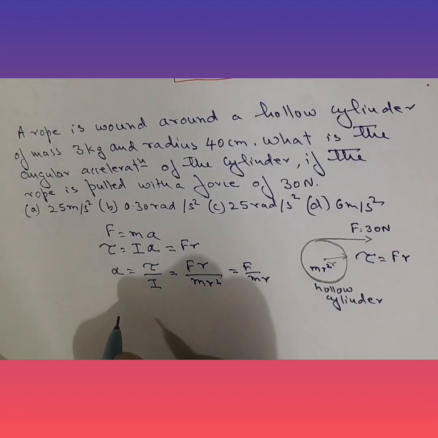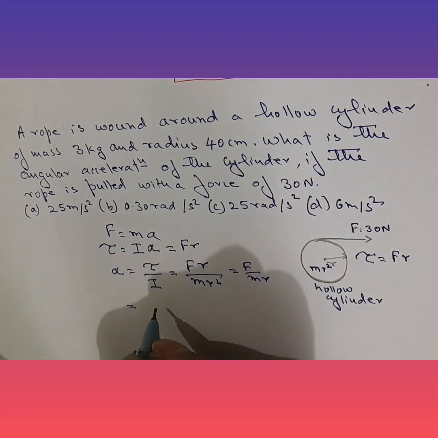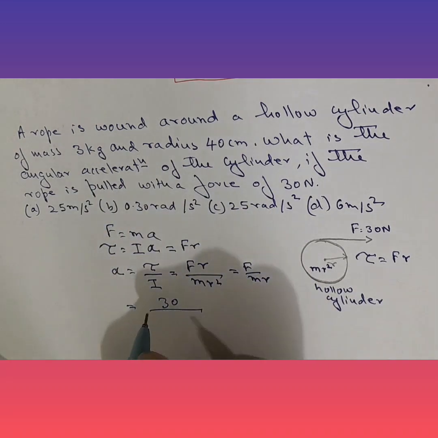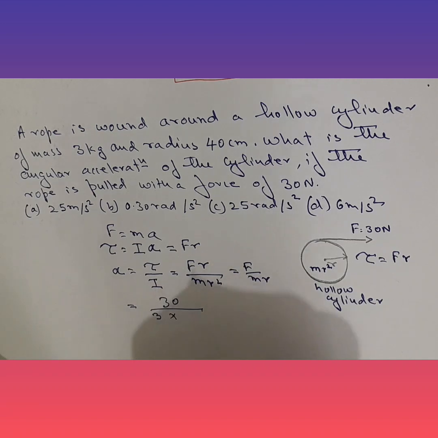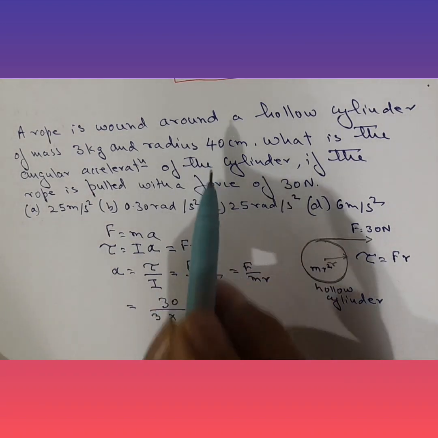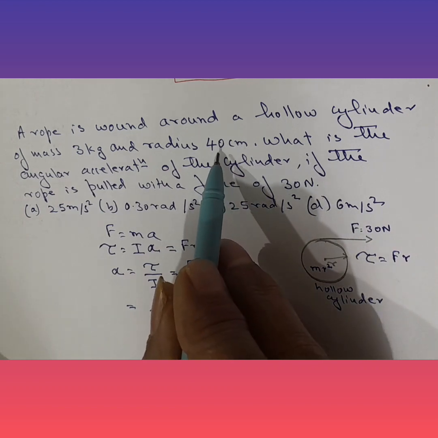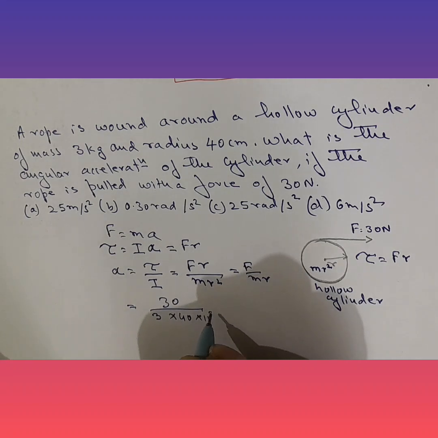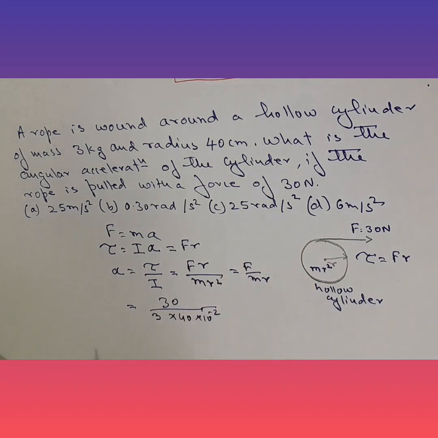Why not just jot down the values? Force 30 newtons, put in. Mass 3 kg, put in, into radius 40 centimeter. Obviously 40 centimeter wouldn't work, so we have got to convert it into meter. So it would be 40 into 10 raised to minus 2.